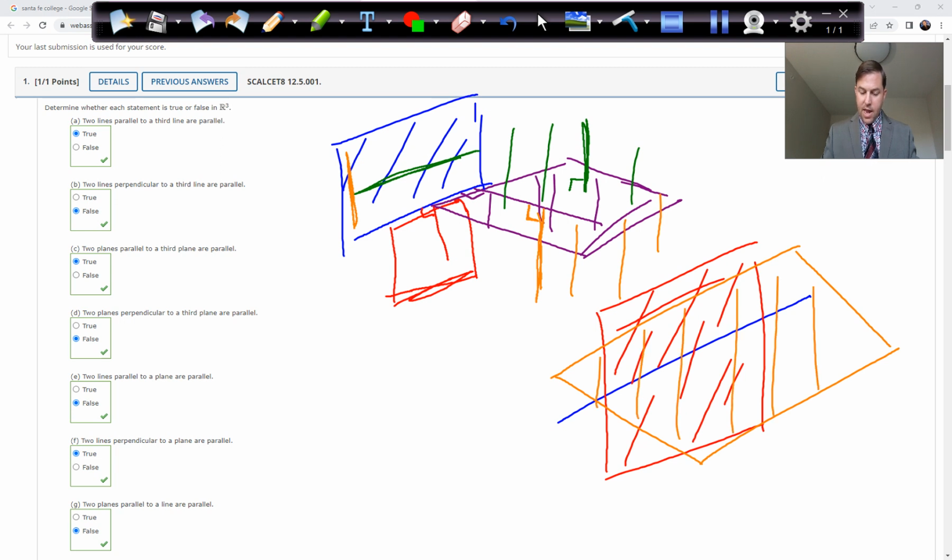This one is at an angle to the red plane, but it could still be parallel to the blue line. So that's false, because clearly orange and red are not parallel. Okay, so look at those, think about them. If you want to try to sketch these out and think about it, it might help, but it is hard to draw.